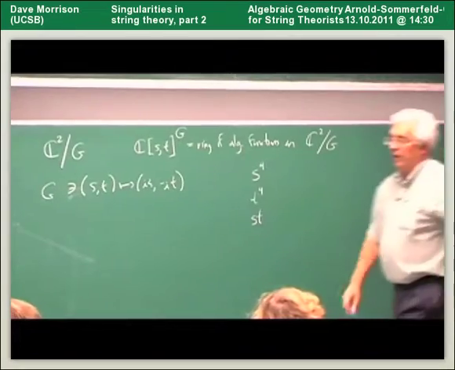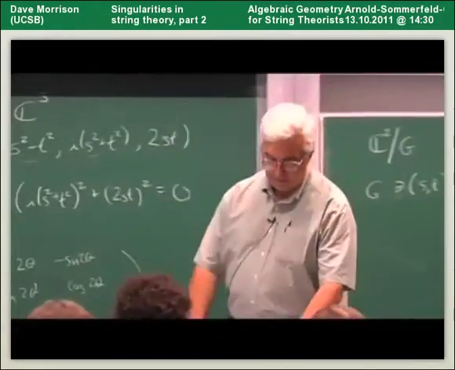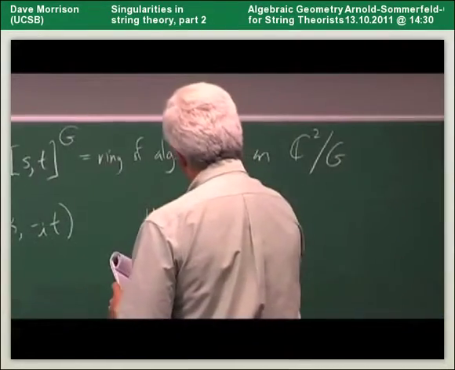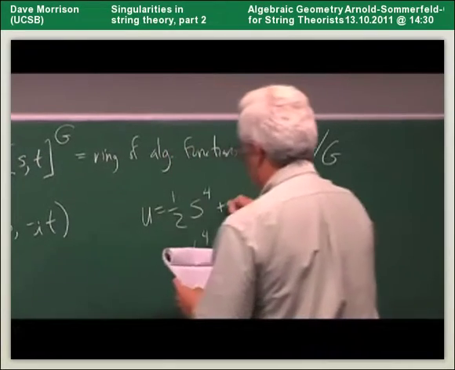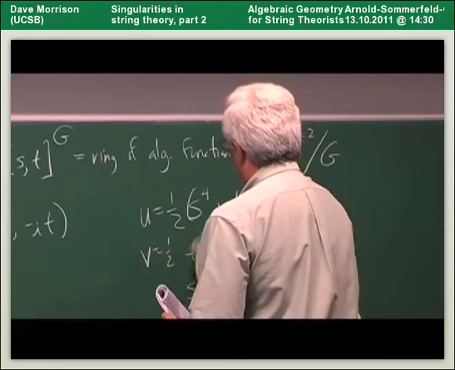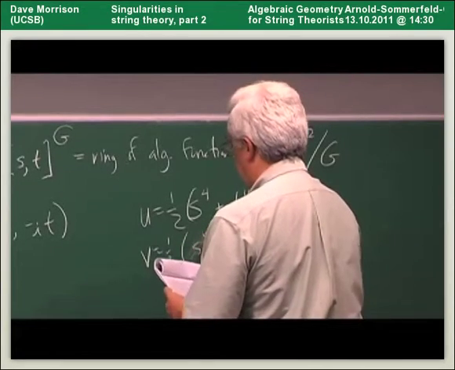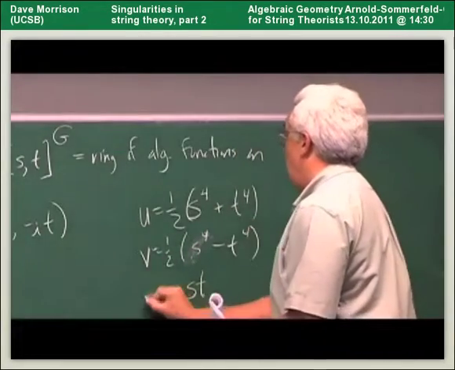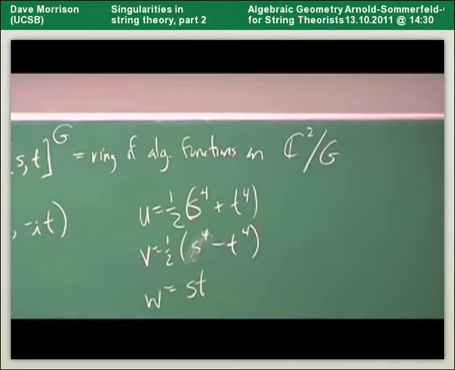Not hard to do. I'm going to make some choices to make the eventual answer cleverly have no coefficients. But, of course, if I hadn't made these choices, I would have coefficients. So I'm going to make a slightly different choice, which is to take the sum and difference in my invariants.